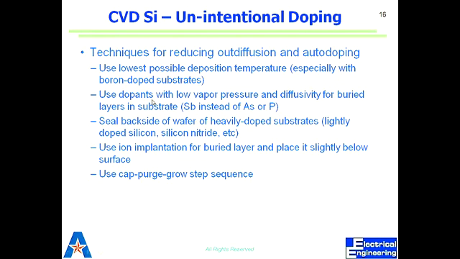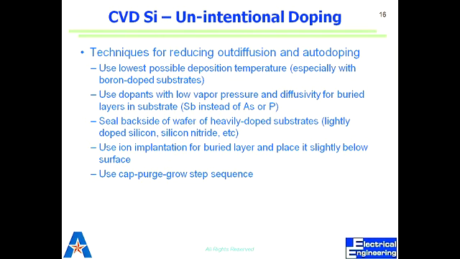Then we can use dopants which have low vapor pressure and diffusivity, so they can get incorporated easily. Seal the back of the wafer of heavily doped substrate with silicon or silicon nitride. Ion implantation for buried layer and keep them below the surface. So when out diffusion occurs, they would get to exactly where we want them.